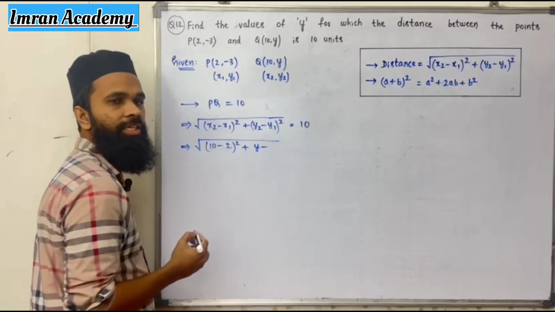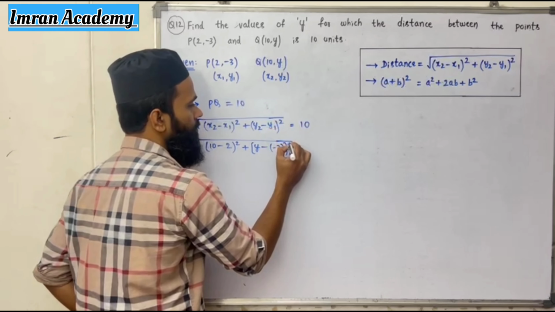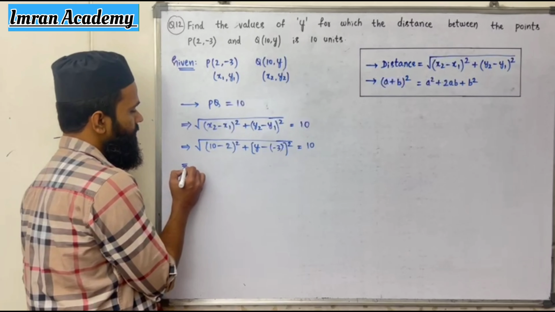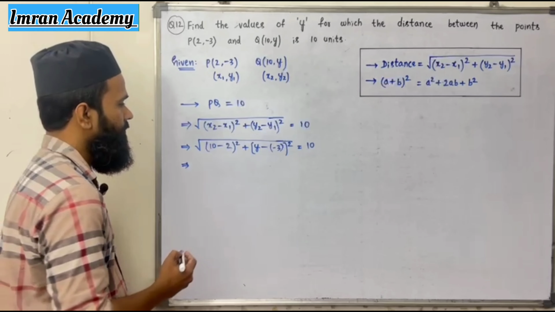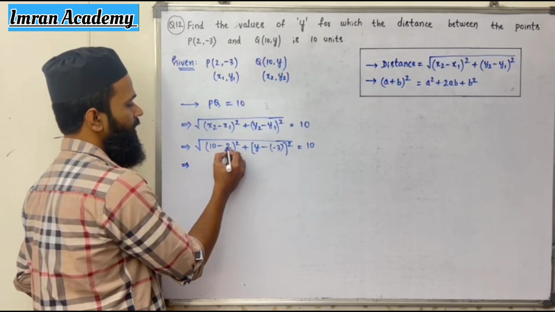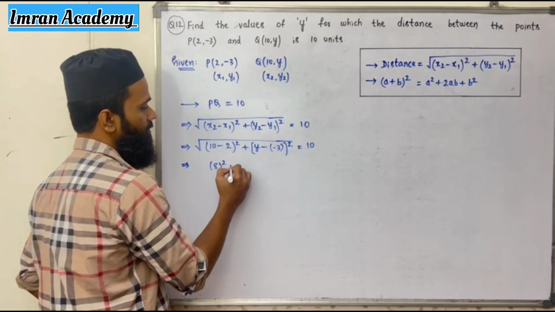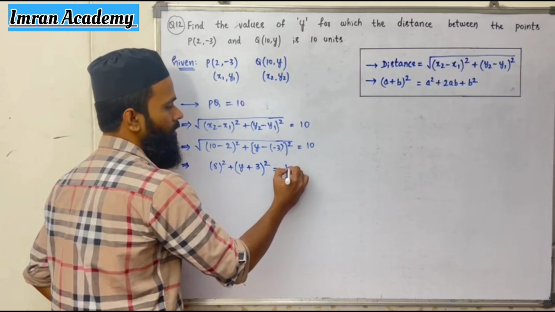As it is negative, put it in brackets. Square root, this side becomes square. 10 minus 2 is 8, whole square, plus y plus 3 whole square is equal to 10.